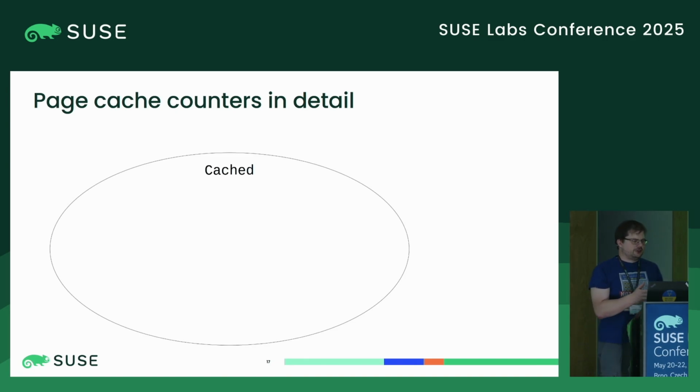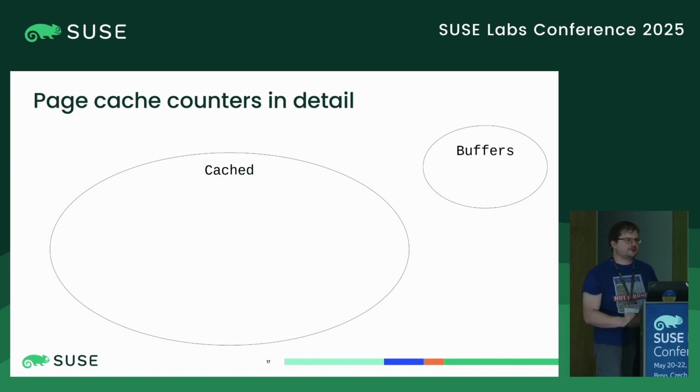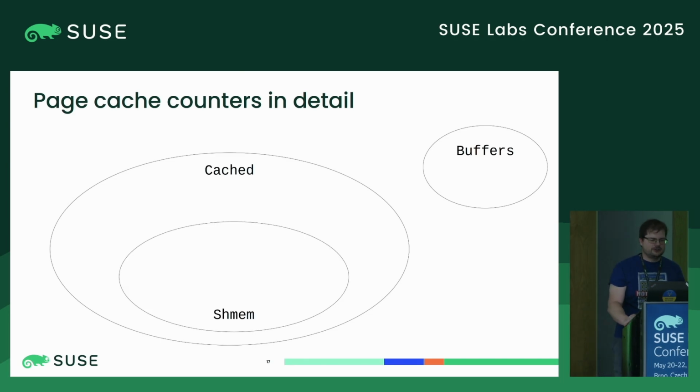For the page cache, it's much more complicated. We have this Cached counter in proc meminfo. That's the whole page cache, except the buffers have a separate one, but the free command, I think, sums them both together. Shmem, the shared memory, will be part of the Cached counter.